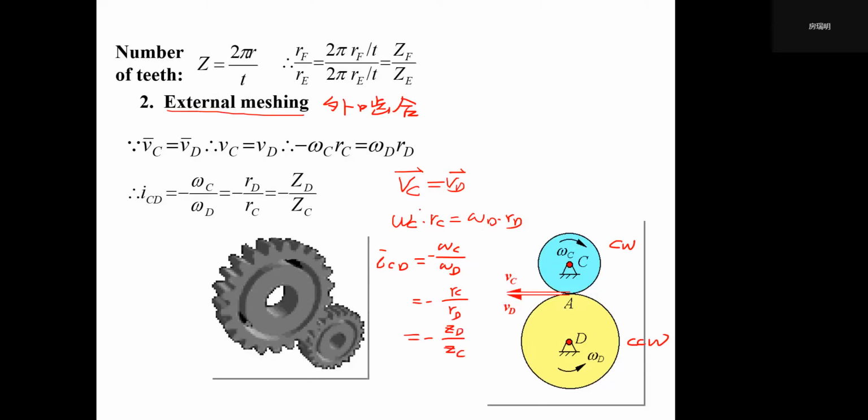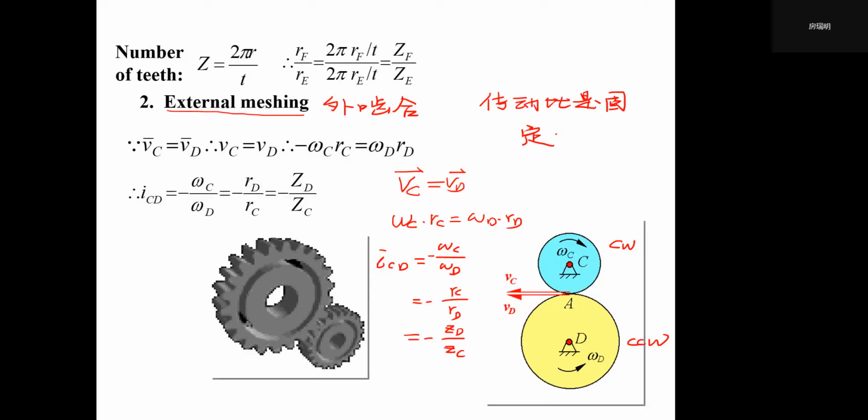So you can find that maybe inner meshing, maybe external meshing, but this gear mechanism will always have a fixed transmission ratio. 也就是说，齿轮传动的传动比是固定的，或者是一个常数。Fixed means fixed.